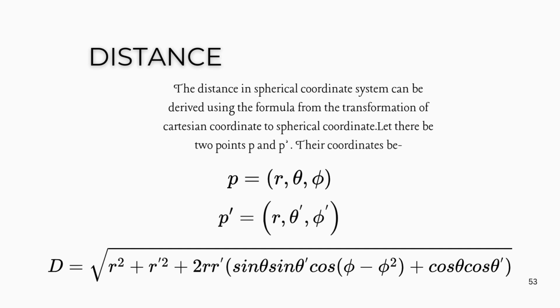The distance between the two points, d, is equal to root over r squared plus r prime squared plus 2 r r prime sine theta prime cos of phi minus phi prime plus cos theta prime. So with this, if two points and their coordinates are given in the spherical coordinate system, we can easily find the distance between the two points using this formula.